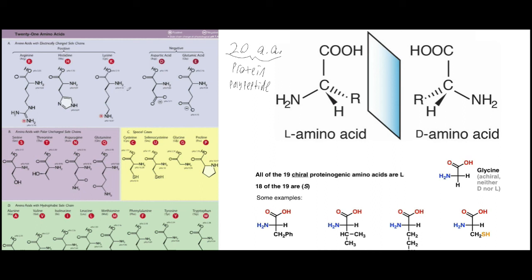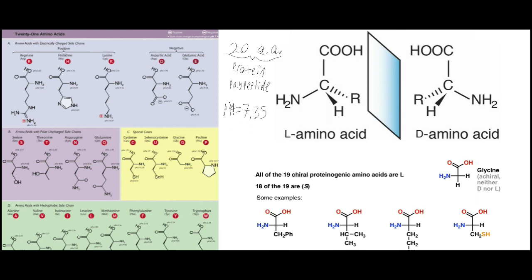electrically charged amino acids, and those are things like arginine, histidine, and lysine, which are the positively charged amino acids. And this charge, by the way, is at physiological pH, which is pH around 7.35.